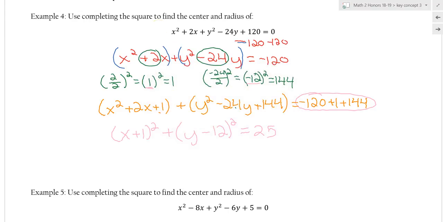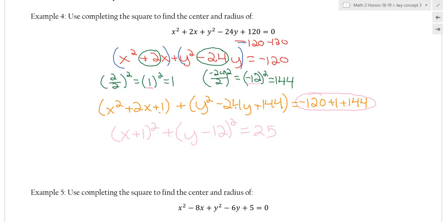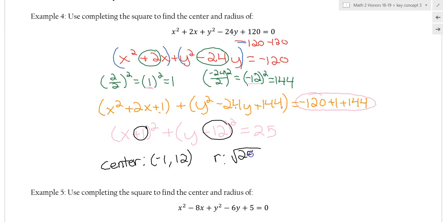So then my center, coming from here, is at negative 1, 12. My radius equals 5.